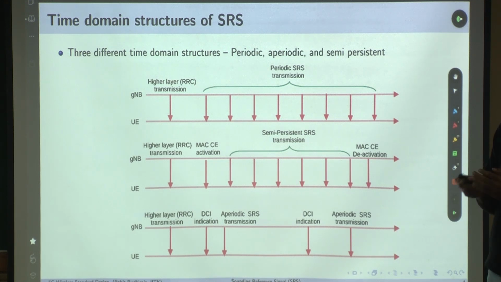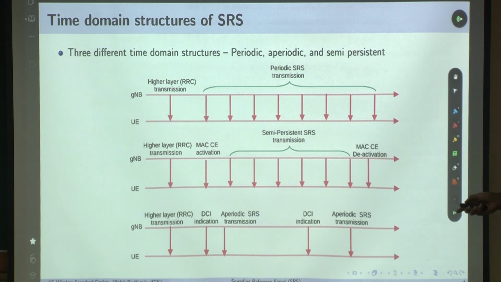The message to stop transmitting again has to come from the RRC. So the message comes and the UE starts transmitting the SRS. This is periodic, so of course it has to be transmitted with a certain period, but it continues.